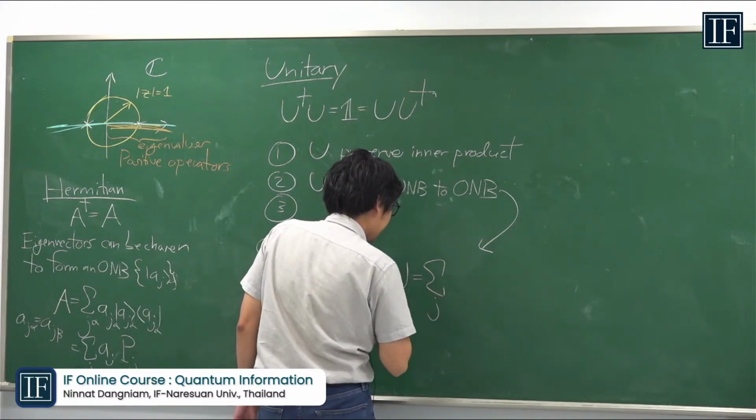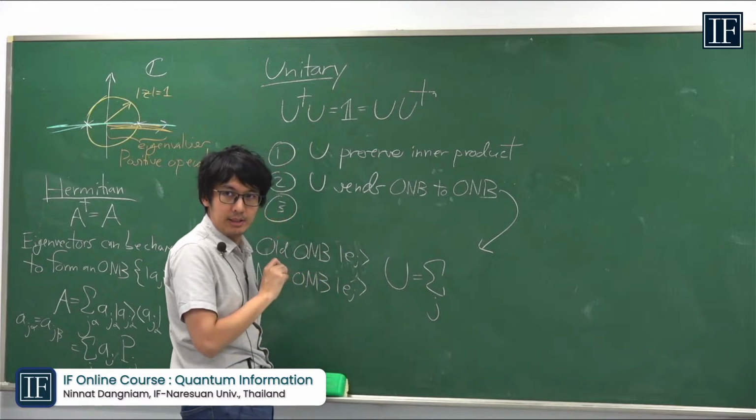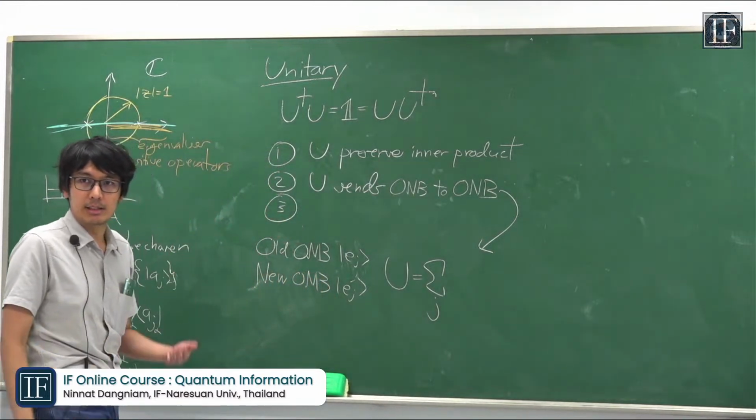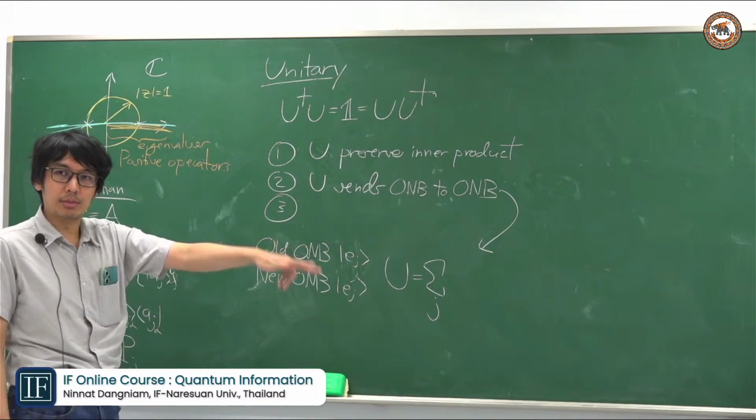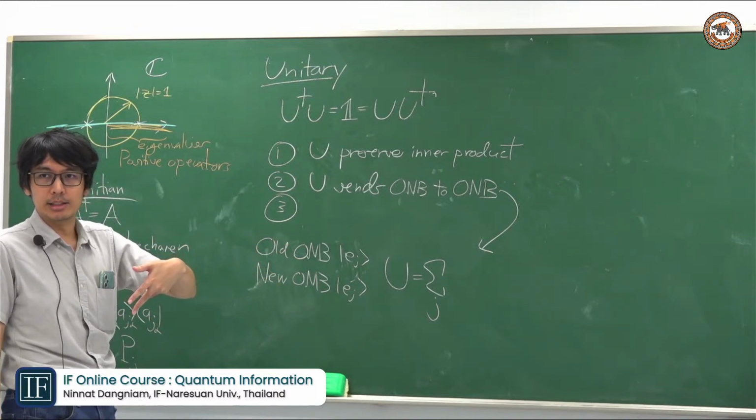Then how would you write this unitary that maps from the old basis to the new basis in Dirac notation?